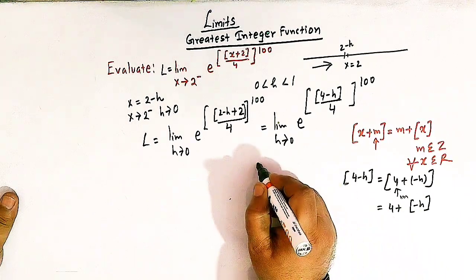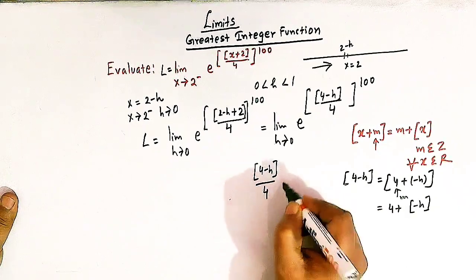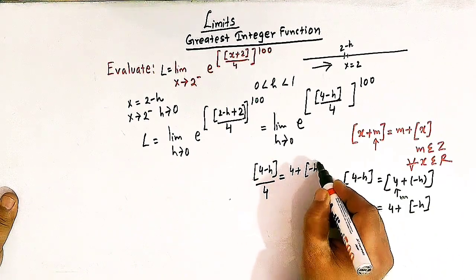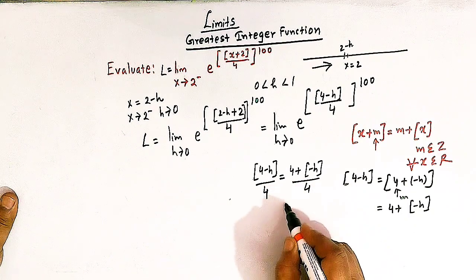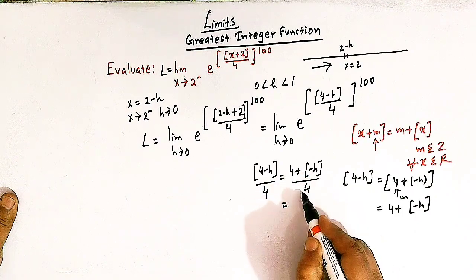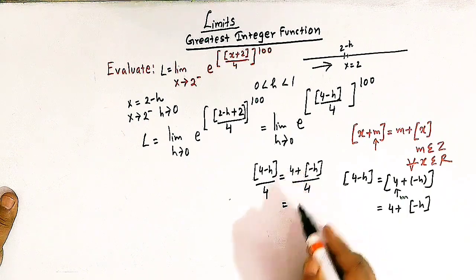So now the greatest integer of (4 minus h) divided by 4 can be written as (4 plus greatest integer of (minus h)) divided by 4. Now we can separate these two terms by writing 4 over 4 and greatest integer of (minus h) over 4.